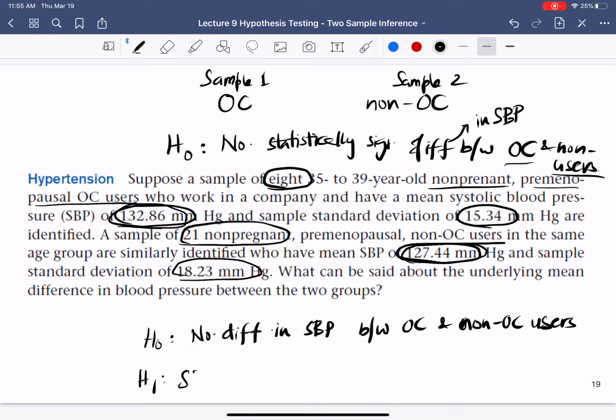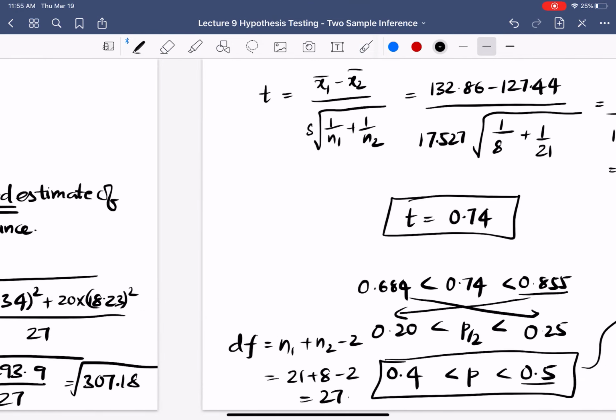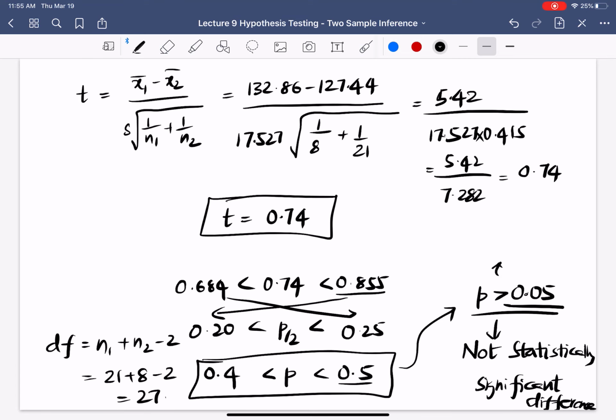H1 says that there is a significant difference in systolic blood pressure between OC and non-OC users. So because the p-value that we have is greater than 0.05, we say that we accept H0. So there is no statistical difference between the OC and non-OC users. So that's our understanding of the data.